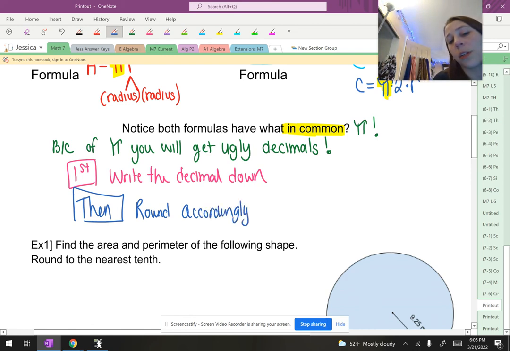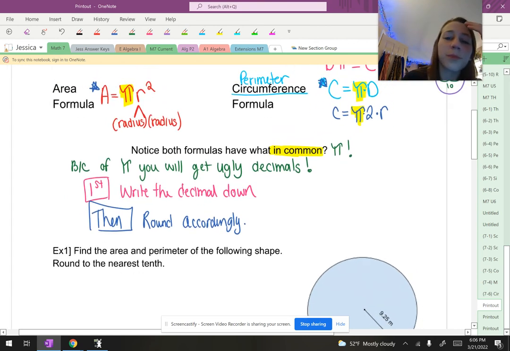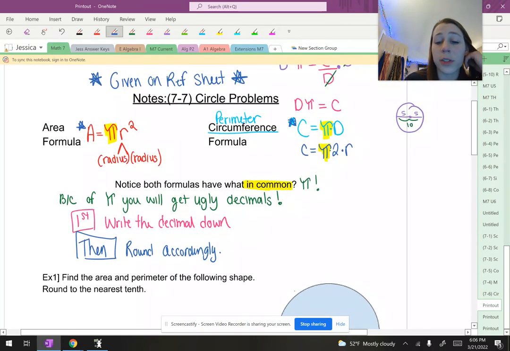And when I say accordingly, I mean based on what the problem is telling you, what the directions say. So you're going to have to read. I know. Oh, I hate to read. Okay, so we're going to put some of these formulas into work next.